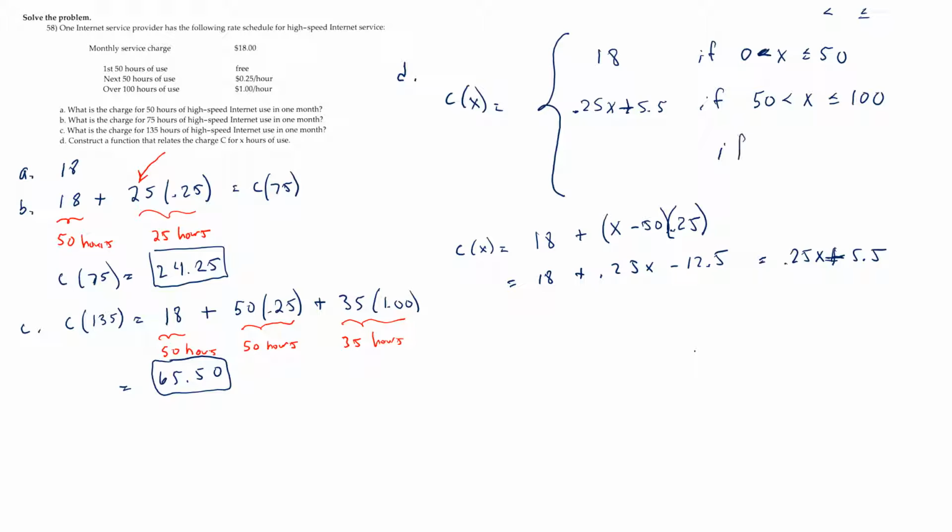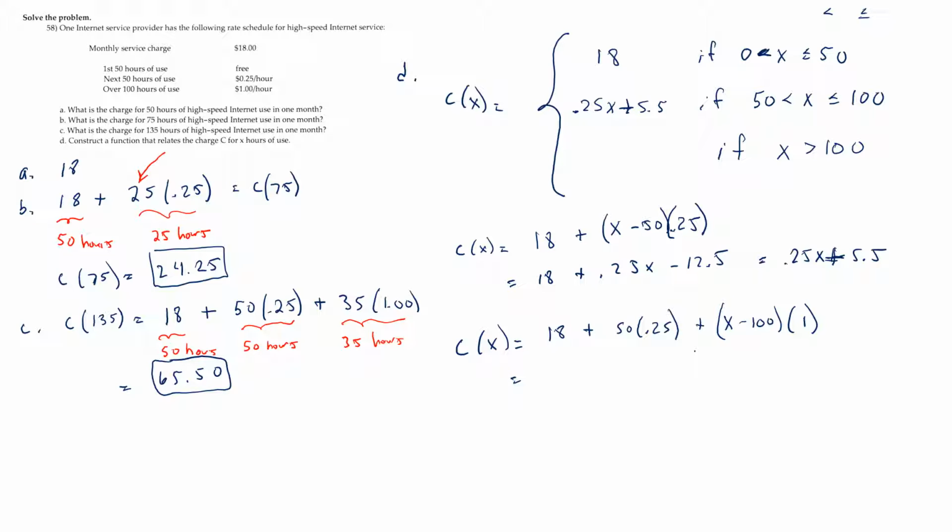Finally, what if I use the internet for more than 100 hours? x is greater than 100. Well, it would cost me $18 for the first 50 hours, and then it would cost me 50 times 0.25 for the next 50 hours. And then for any hours beyond 100, which could be modeled by x minus 100, I have to pay $1 an hour.